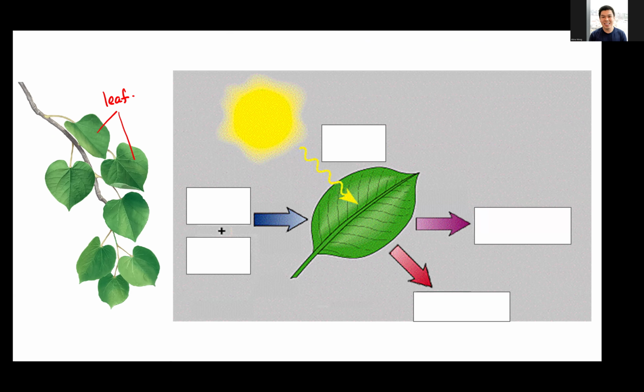The process of photosynthesis is they use carbon dioxide from the air, CO2, and water, H2O, from the roots, and then they convert it with the use of light energy into sugar, or glucose, C6H12O6, and oxygen gas, O2.